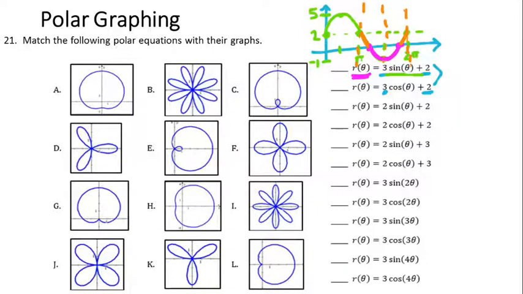So what happens here, I'll just say this first one is going to match up with C, and as we go around, this graph is going to start right out here at 2, which is where my graph started. It's going to go up to 5, which is as high as we went here for quadrant 1. At the end of quadrant 2, we're back to 2.